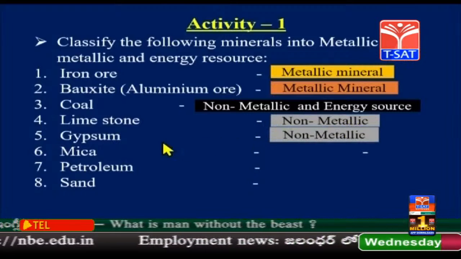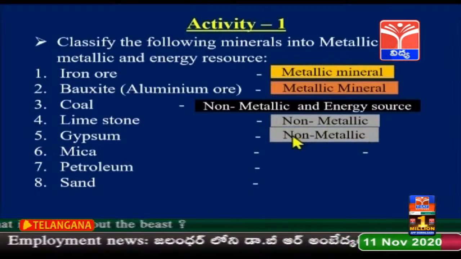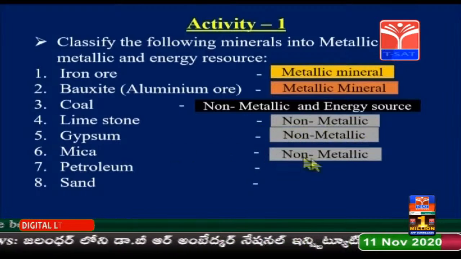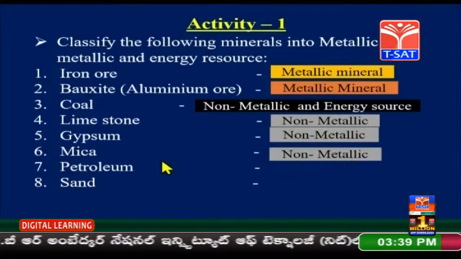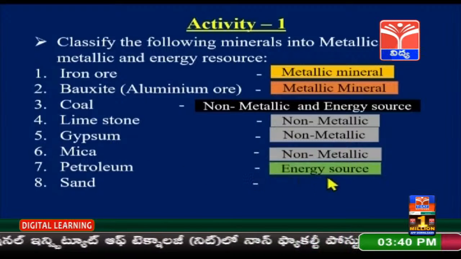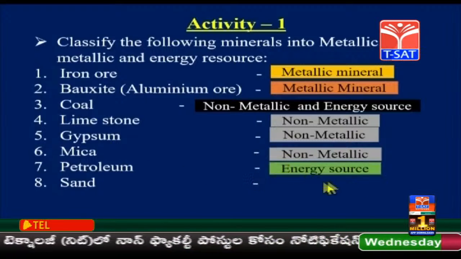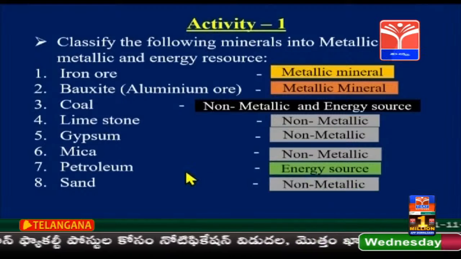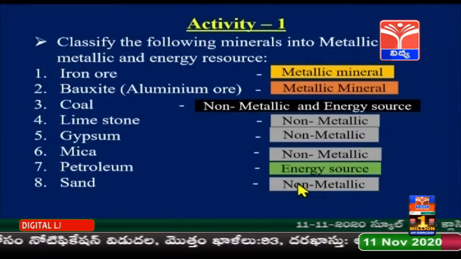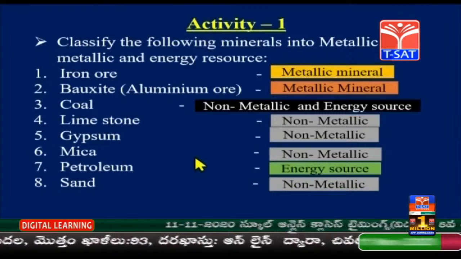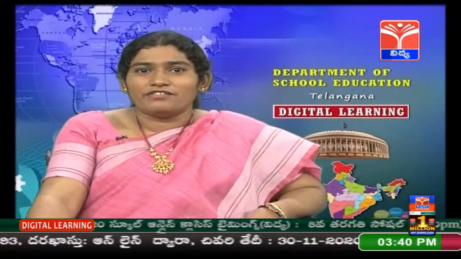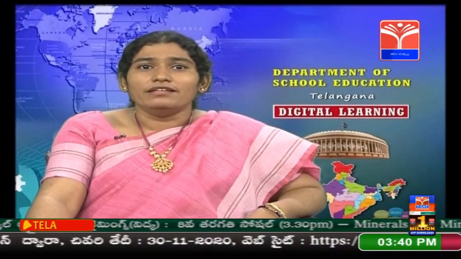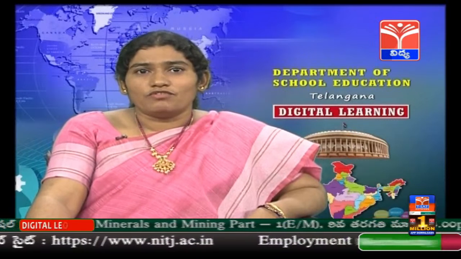And then gypsum also is a non-metallic mineral. Mica is also a non-metallic mineral. Petroleum. What is petroleum, children? It is an energy source. And sand. Sand is a non-metallic mineral. So, I hope you have understood in a better way the difference between the metallic and non-metallic minerals. So, let us go for the next topic.